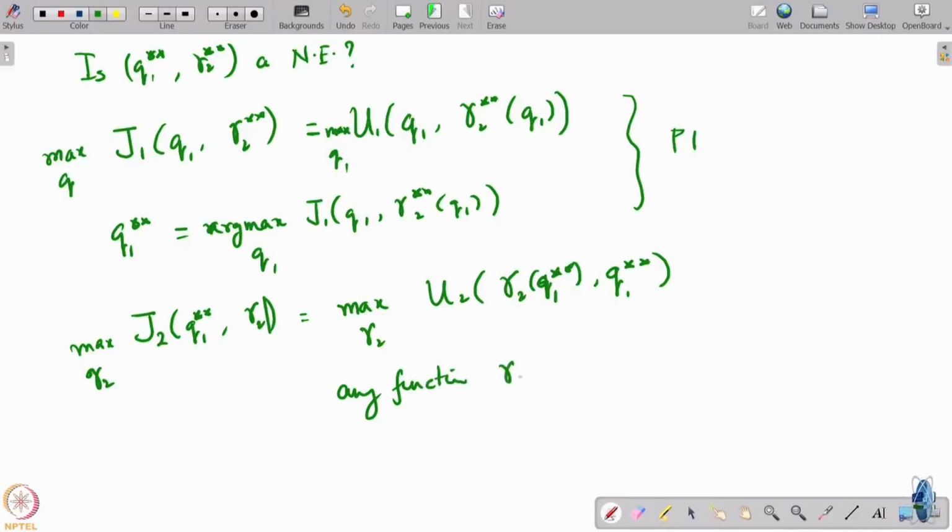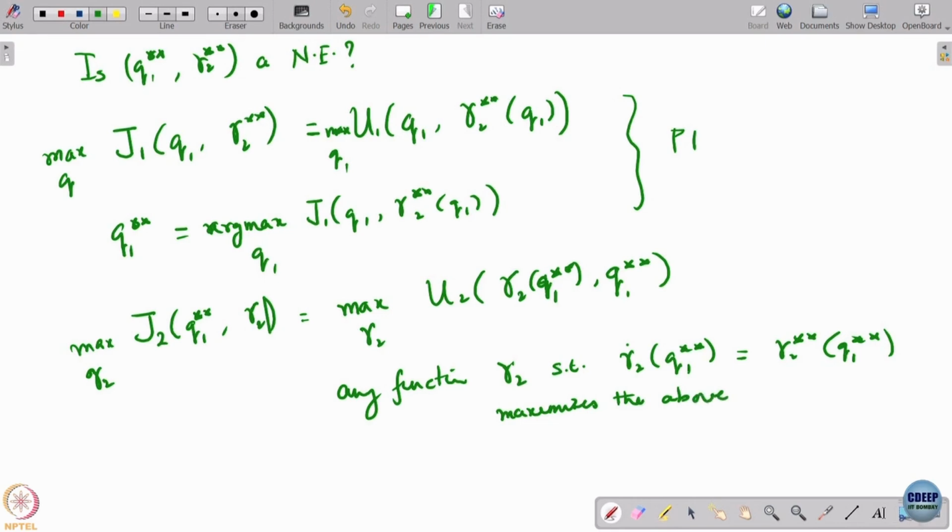So any function gamma 2 such that gamma 2 of Q1 star star is equal to gamma 2 star star of Q1 star star maximizes this. I can choose any function so long as at Q1 star star it agrees with the maximizing value that came from gamma 2 star star. Outside, for the other values of Q1, it does not matter, it can do whatever it wants.